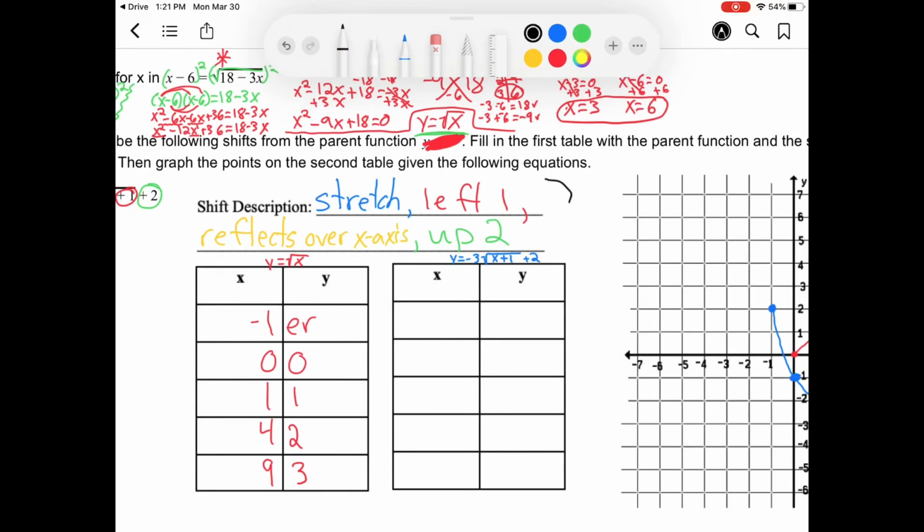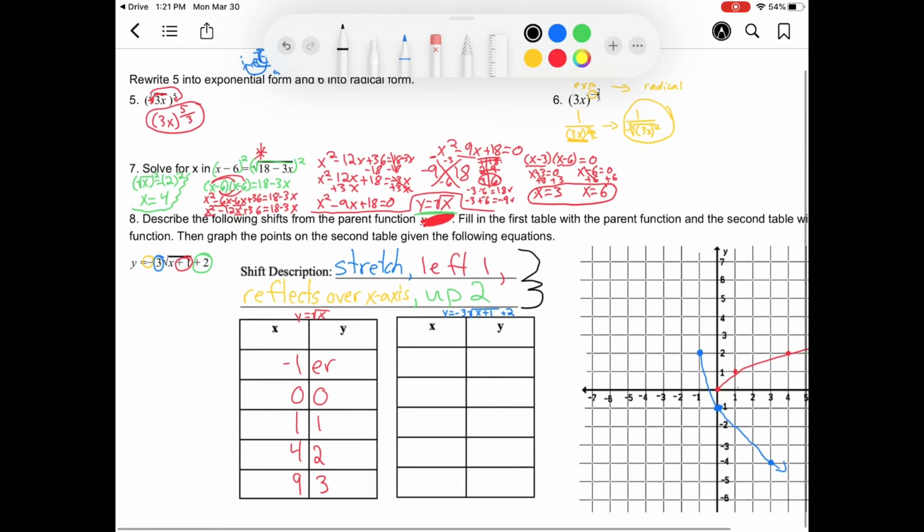we need to look through these shift descriptions and determine which one actually affects the x's and which ones do not. So, our stretching, was it on the inside or the outside? It's on the outside, so it's going to affect the y's.